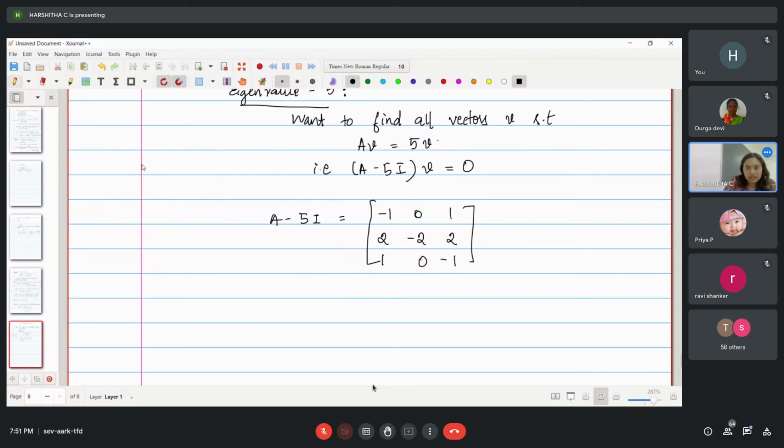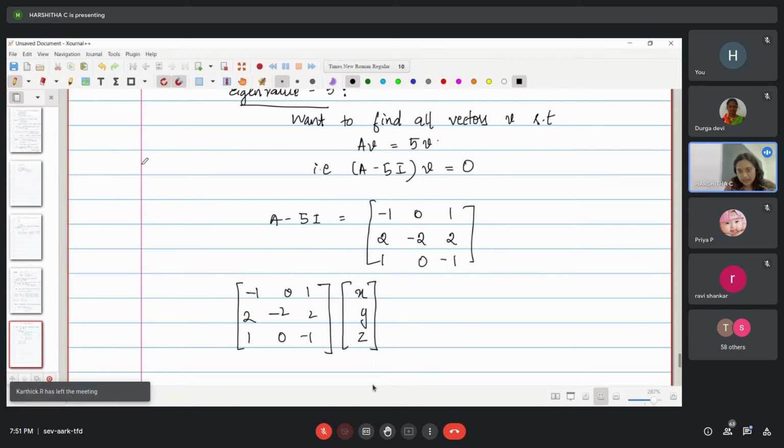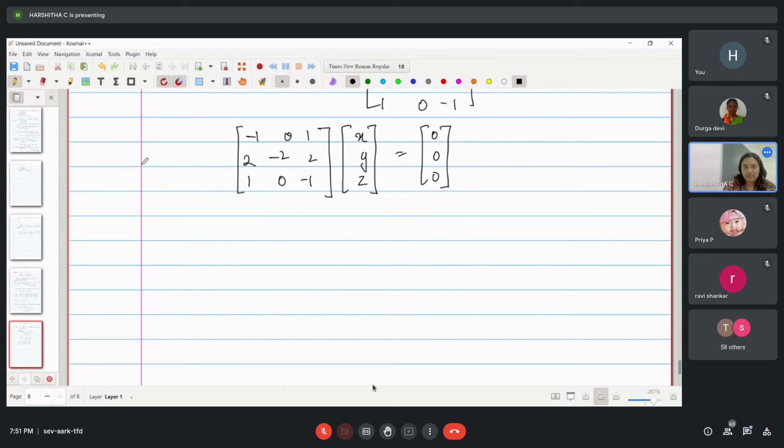So now you're trying to find all the vectors which satisfy this, right? What you want is all (x, y, z) such that the matrix with rows (minus 1, 0, 1), (2, minus 2, 2), (1, 0, minus 1) times (x, y, z) equals (0, 0, 0). So this is high school solving linear equations, a system of linear equations. What will this be?